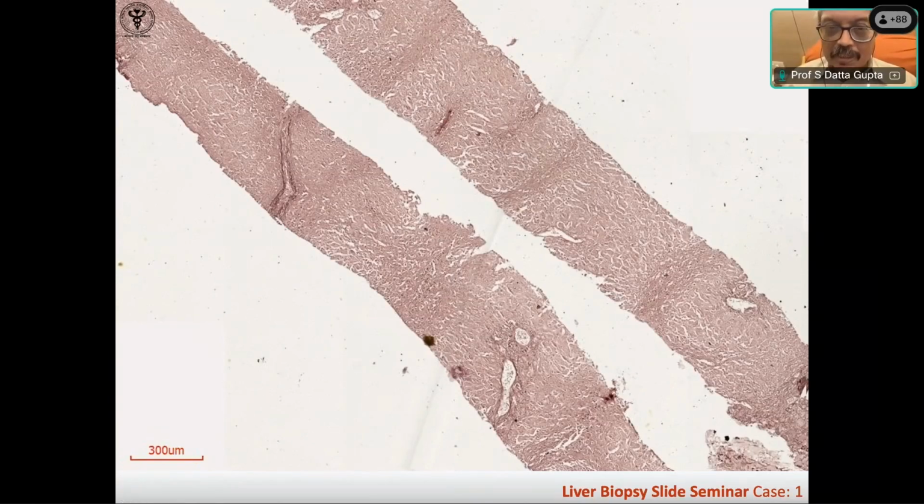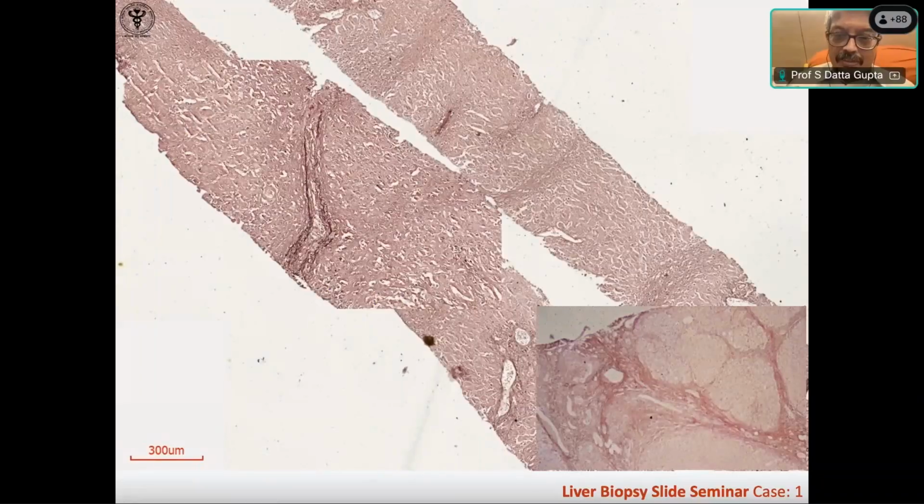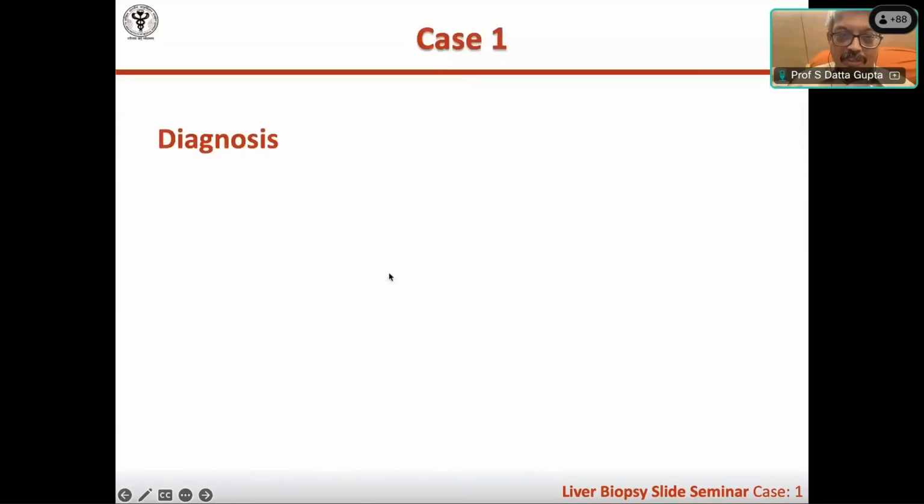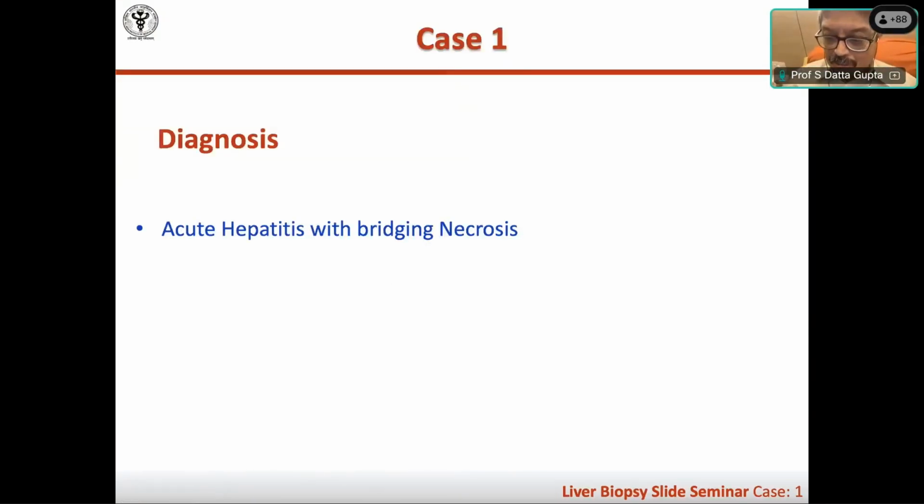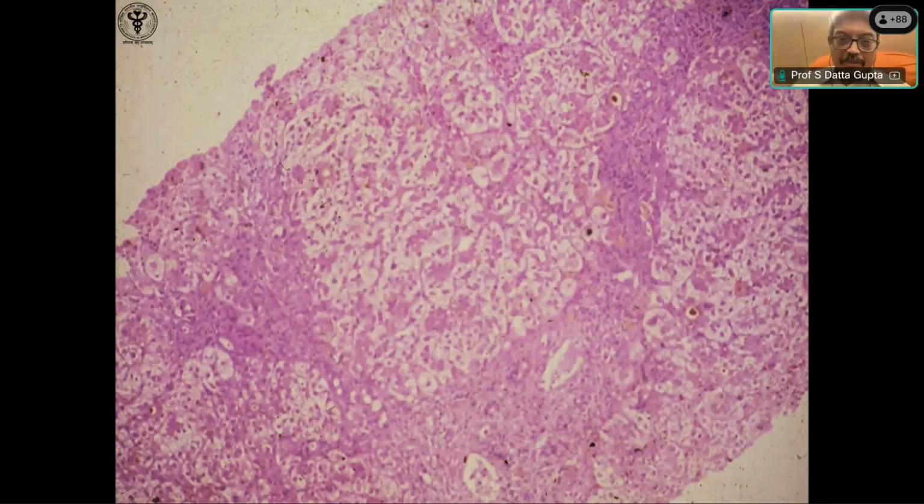It is bridging necrosis. So this is a case. See, it should have been like this if it was fibrosis. It's not there. So the diagnosis is acute hepatitis with bridging necrosis. Right? You see, this is what bridging necrosis is, and this is ballooning.